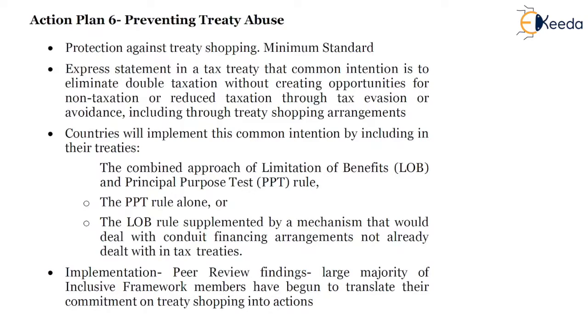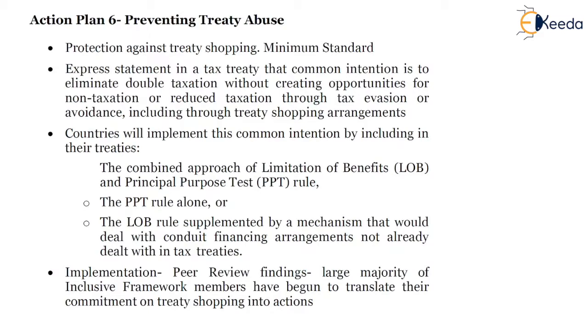This generally results in a lower tax rate or nil tax rate, which ultimately benefits the MNC company and which is against a normal competition, or which leads to effects of BEPS.